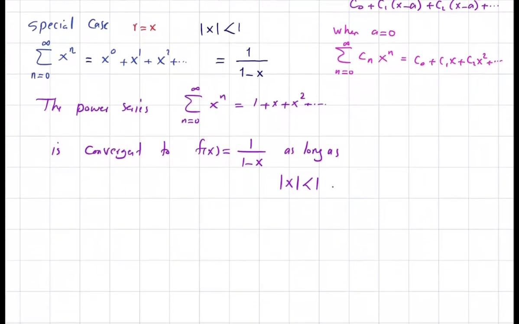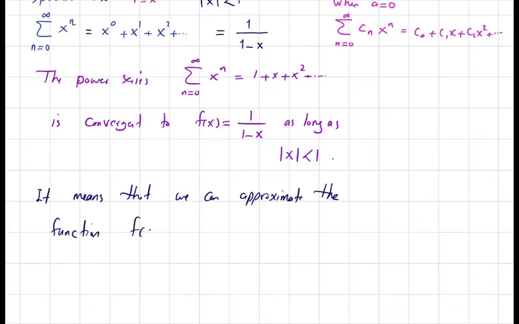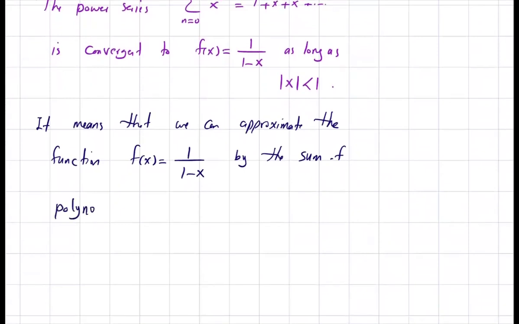It means that I can approximate this rational function using the sum of polynomials, as long as the absolute value of x is less than 1, or x is bounded between -1 and 1.